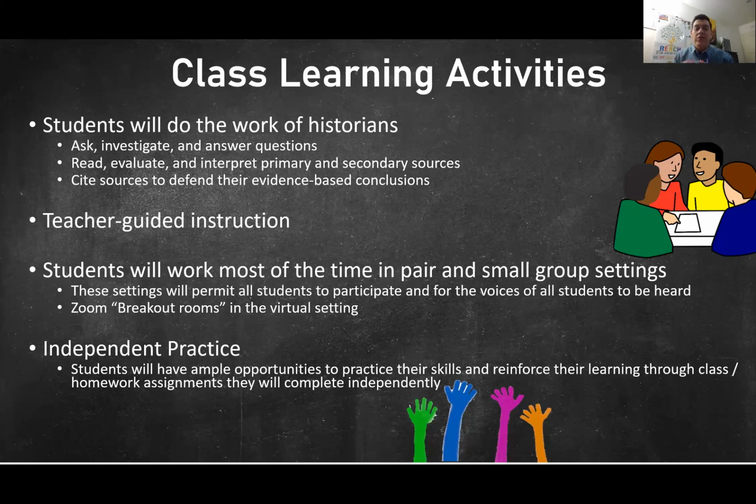Of course, a teacher is essential in this, as the teacher guides the whole process, oversees it, and offers the supports to make sure that the students are successful in their collaborative settings. Certainly I'll be doing all of that, but students will be working most of the time in small group settings.